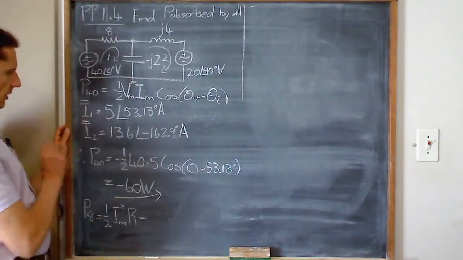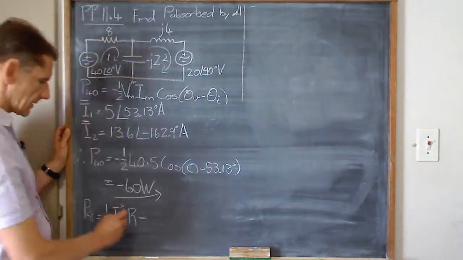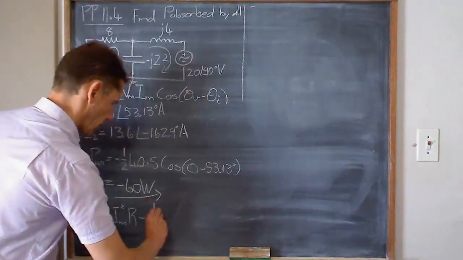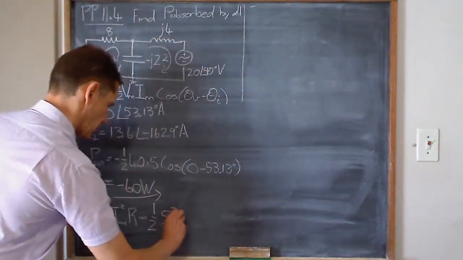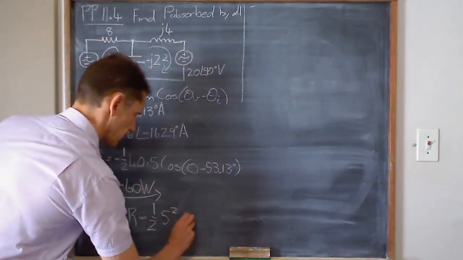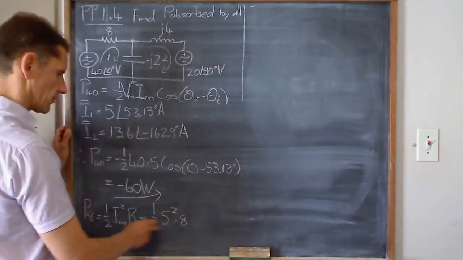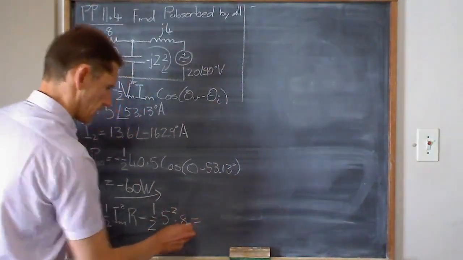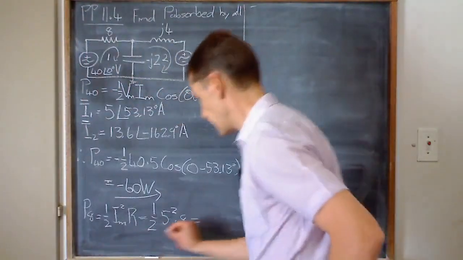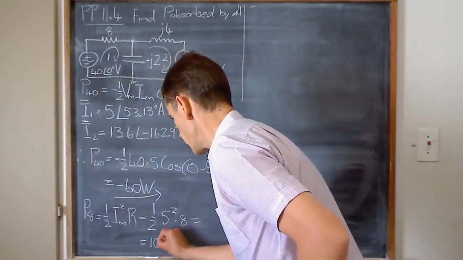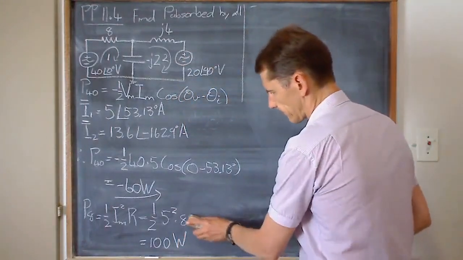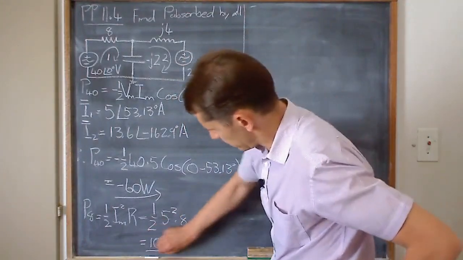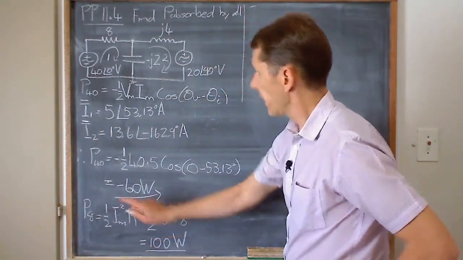Perhaps we should have written it like that to be strict. All right, so we're getting a half. What was that current? 5 squared, and the resistance is 8. So it's 4 times 25 equals 100 watts. Now let's write it there. 100 watts. Okay, so there's it for the 8 ohm resistor.